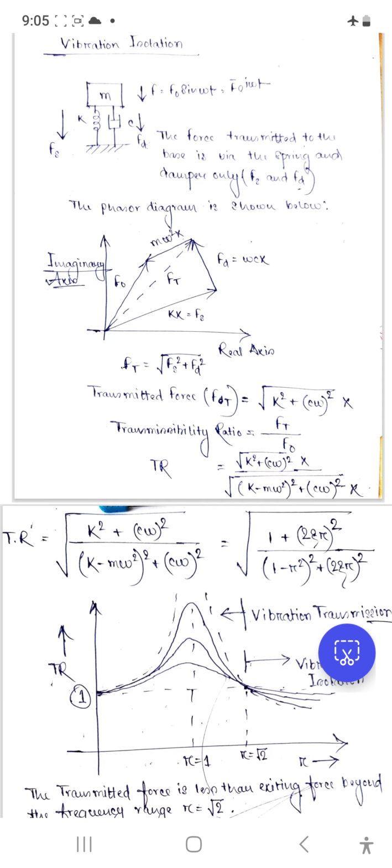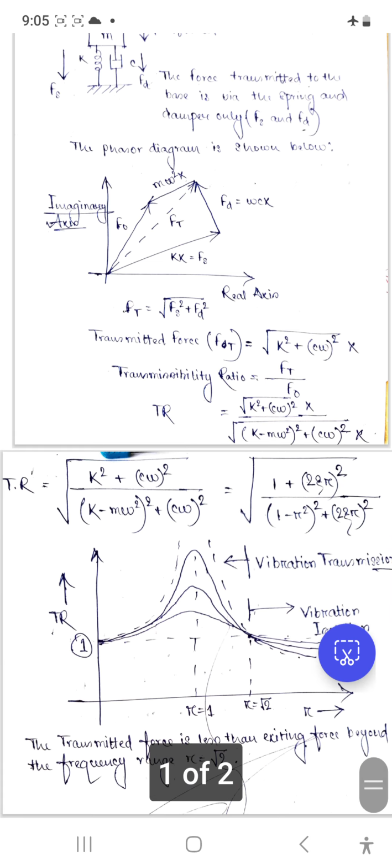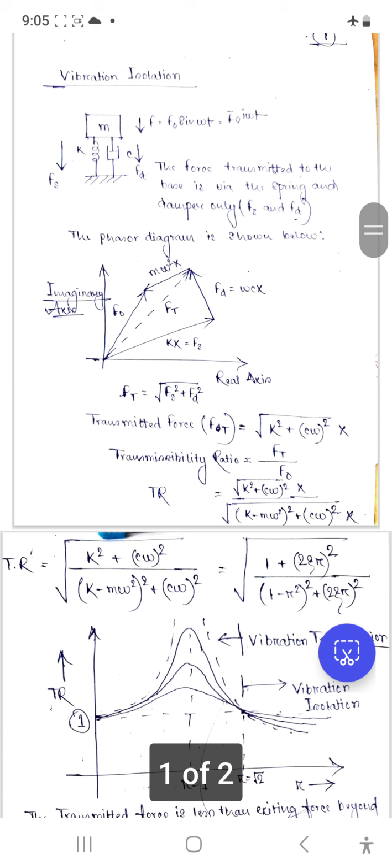But when it is crossing root 2, you see that the graph is coming downward, TR is less than 1. Meaning, less force is going to the base than it should have. The exciting force is something, but the transmitted force is less than that. And in the case of isolation, I want that however much the body vibrates due to the exciting force, less amount of force should go to the basement, or wherever it is attached.